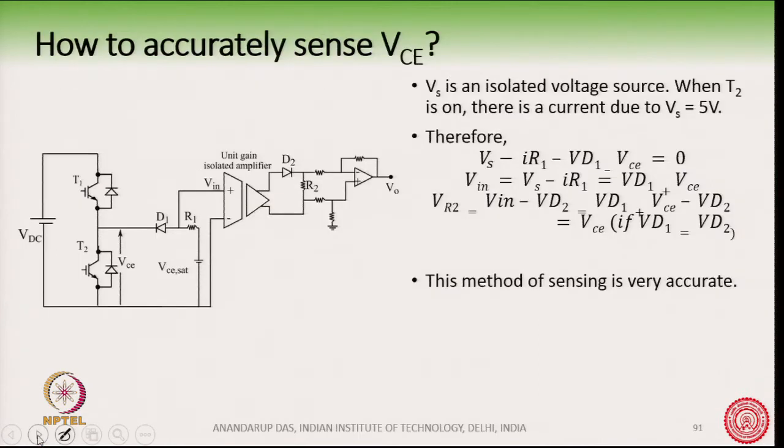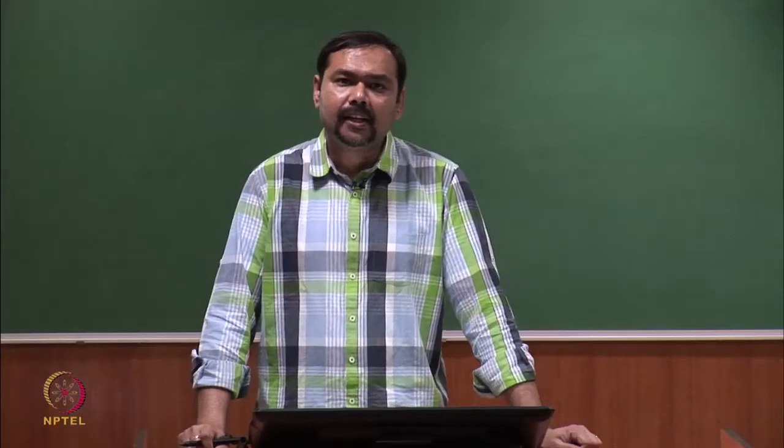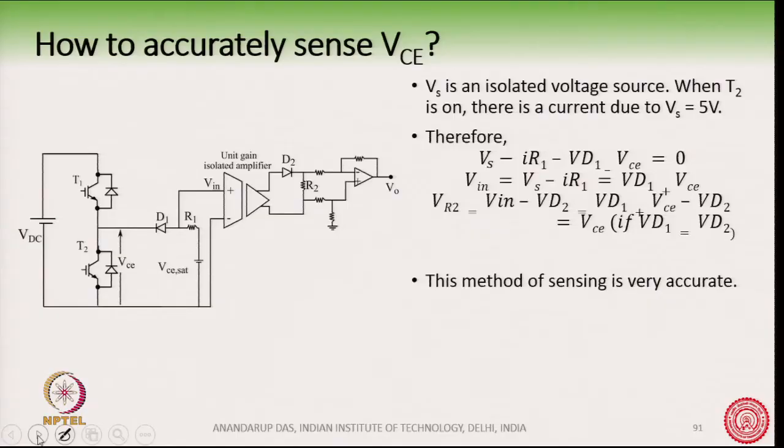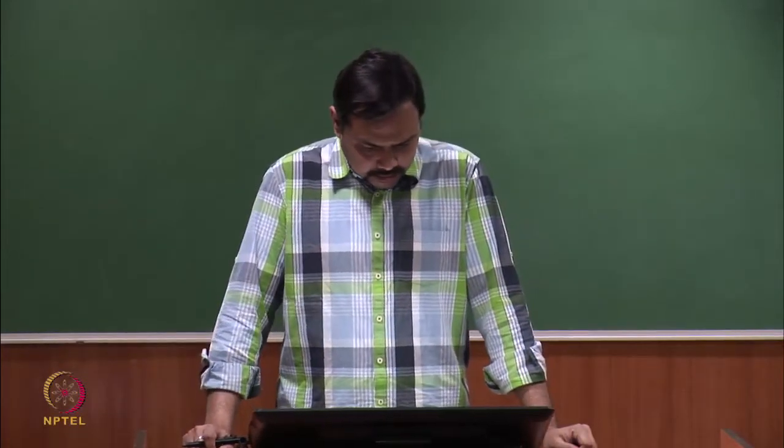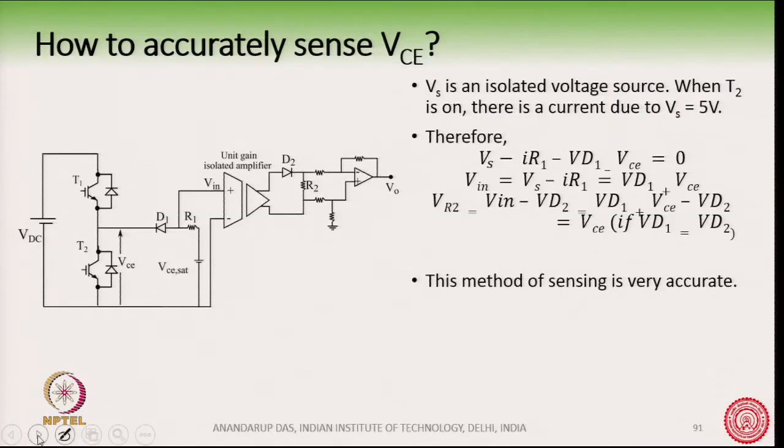So, here I will show you a circuit which can accurately sense the on state VCE. We have to see the on state VCE because at off state the collector emitter voltage is equal to the DC bus. So, at on state, when the device has fully turned on, how much is the VCE on?